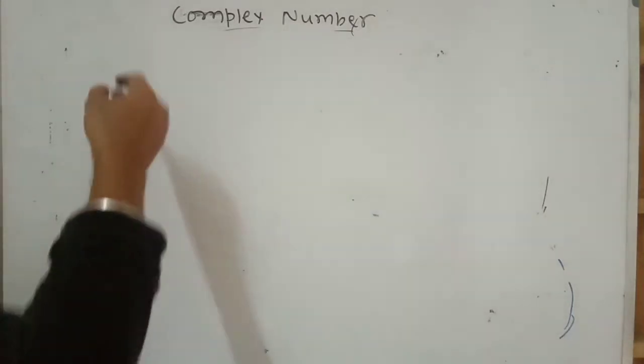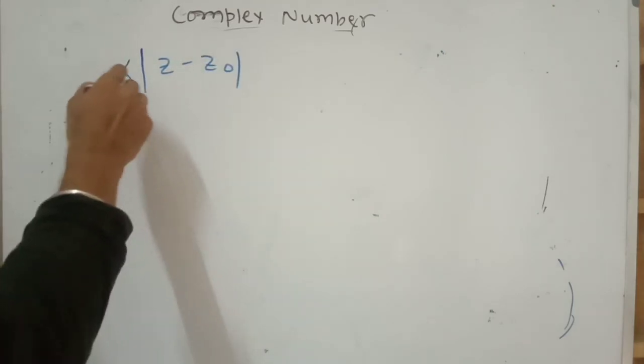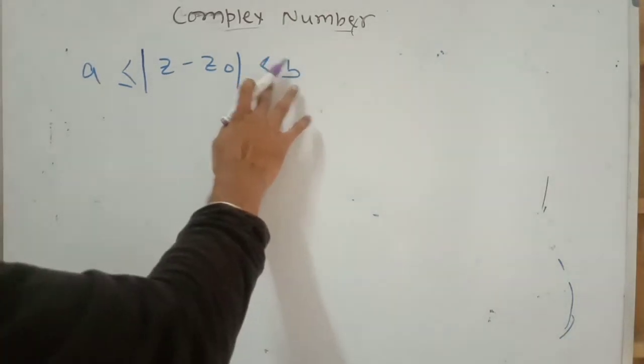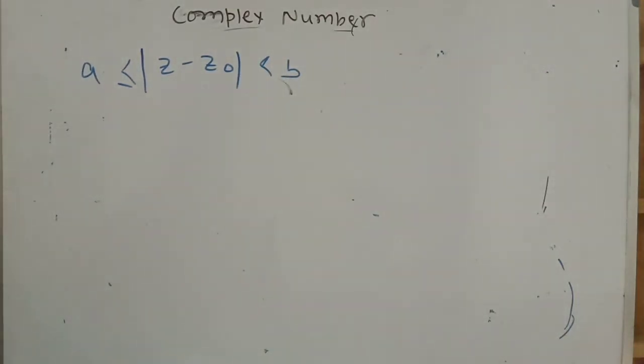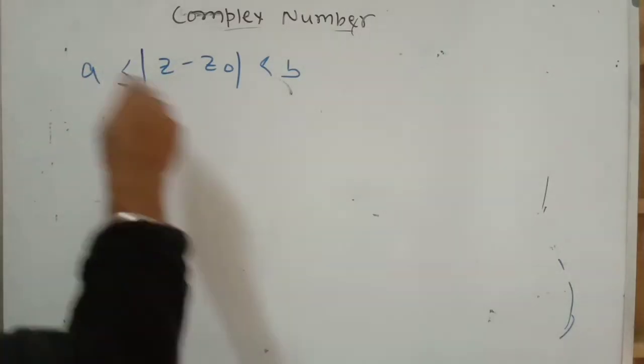Let me take a very interesting example. Let me consider a less than |z − z₀| less than b. First you draw |z − z₀| equal to a.